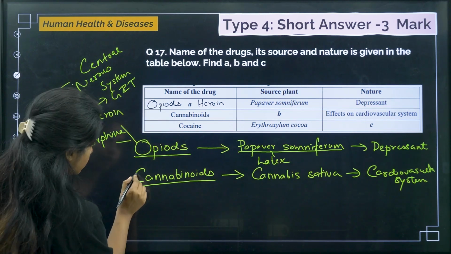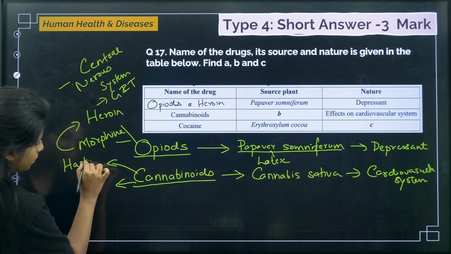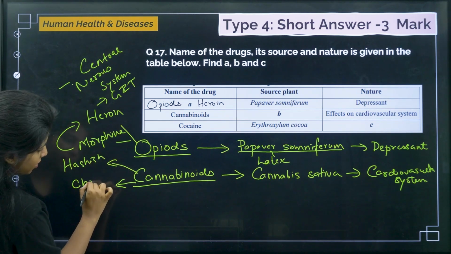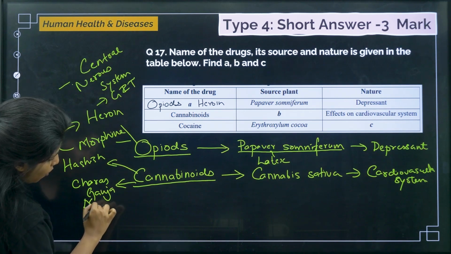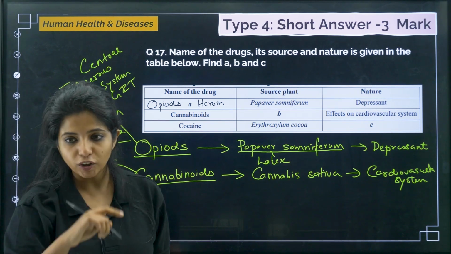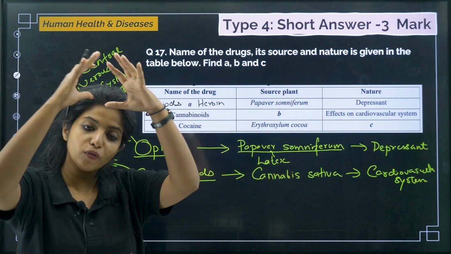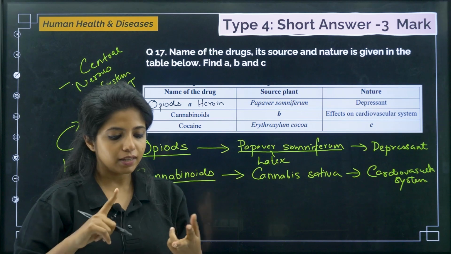What are the examples? With the examples you might be able to relate and understand much better. Hashish, charas, ganja, marijuana, all of these are examples of cannabinoids. How do you get cannabinoids? Basically, overall you can use this Cannabis sativa plant, the flower, the leaf, everything.